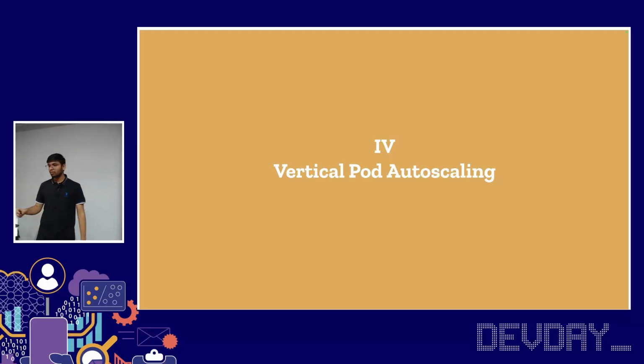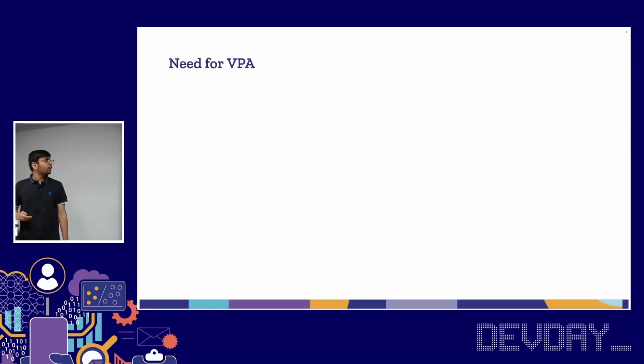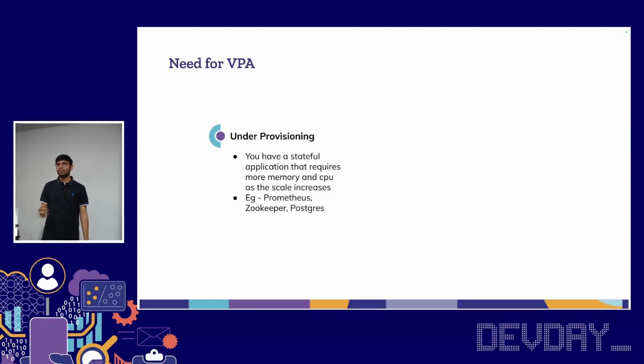Yeah, so next we will be looking at vertical pod autoscaling. Before understanding what vertical here means, let's first understand what is the need, or where it can be helpful. So suppose you are running a stateful application, right?